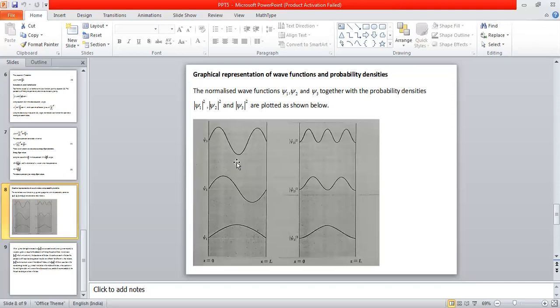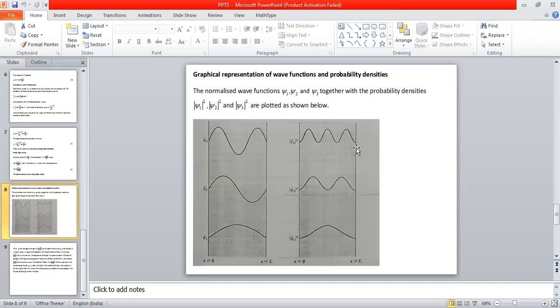Similarly, we can do the same type of discussion for n is equal to 3 also. I'm not going to discuss the n is equal to 3 case in detail. It is shown explicitly in the graph. Here we have 1, 2, 3, 4, so there are 4 different places, which we can see on the probability density curve itself: the first point, the second point, third point, and fourth point. At these 4 points, the probability of finding the particle is 0.